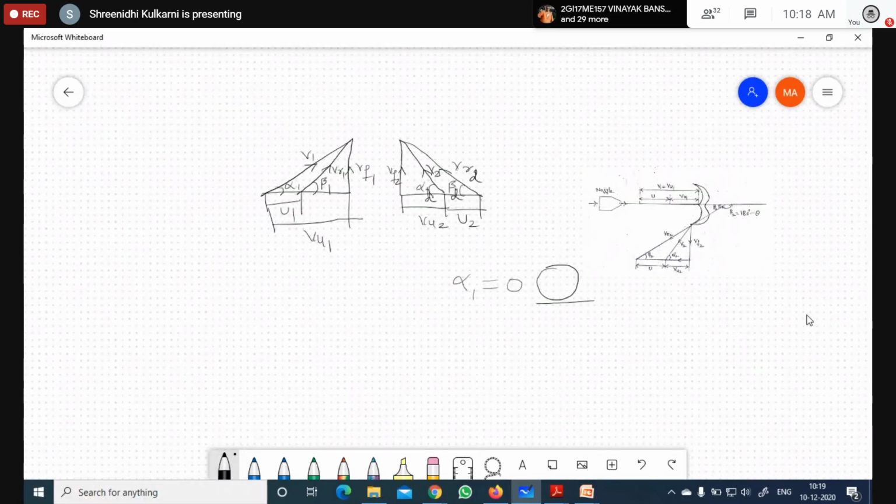So now I'll come to the velocity triangle for the Pelton wheel. If alpha 1 is 0, first I'll draw one straight line.